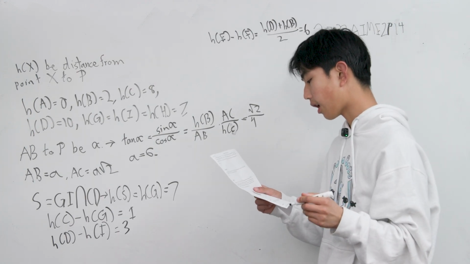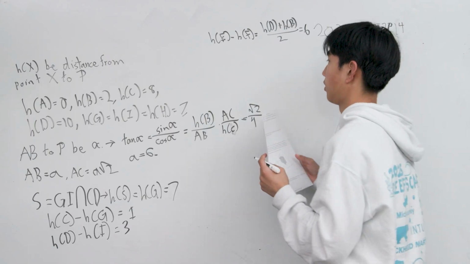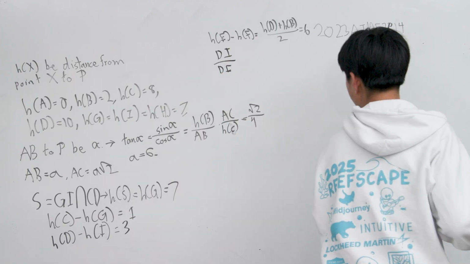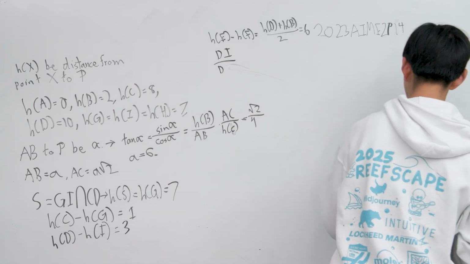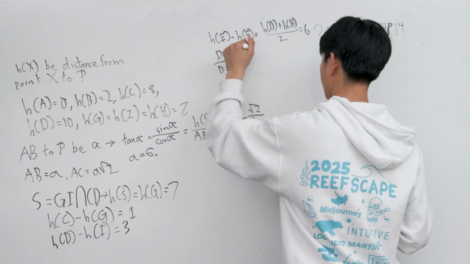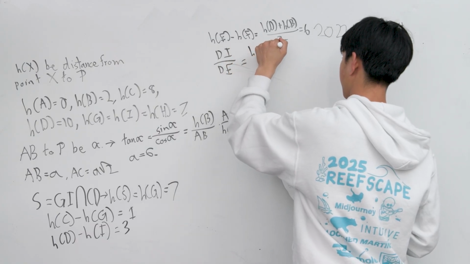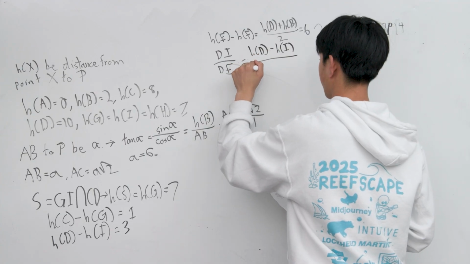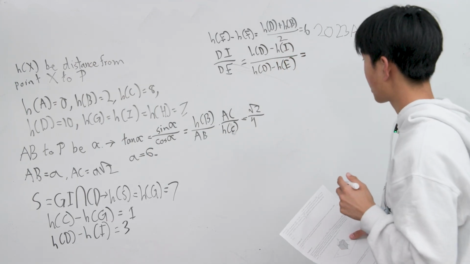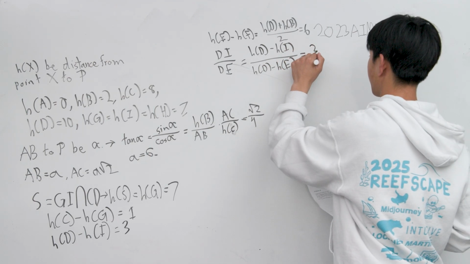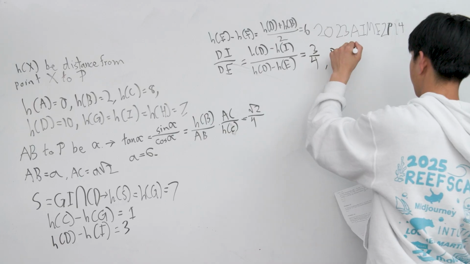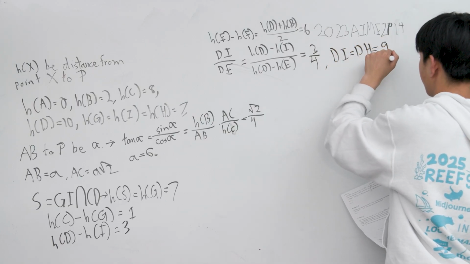Now, we have the ratio of DI to DE, which is h of D minus h of I over h of D minus h of E. This is going to be equal to 3/4, giving us that DI equals 9/2.